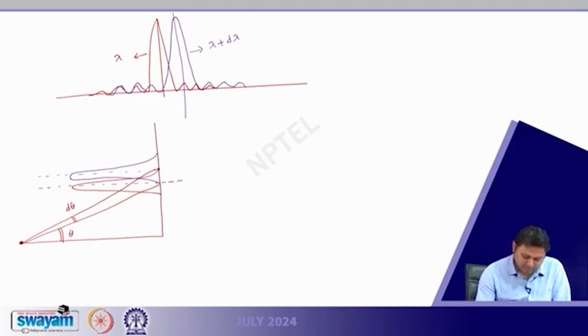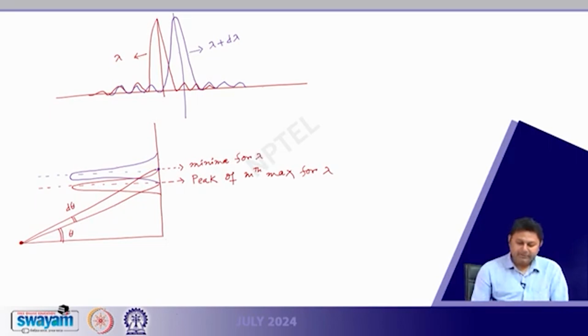So, this is the peak of, say, the mth maxima for wavelength lambda, and this is the minima for lambda. Okay.